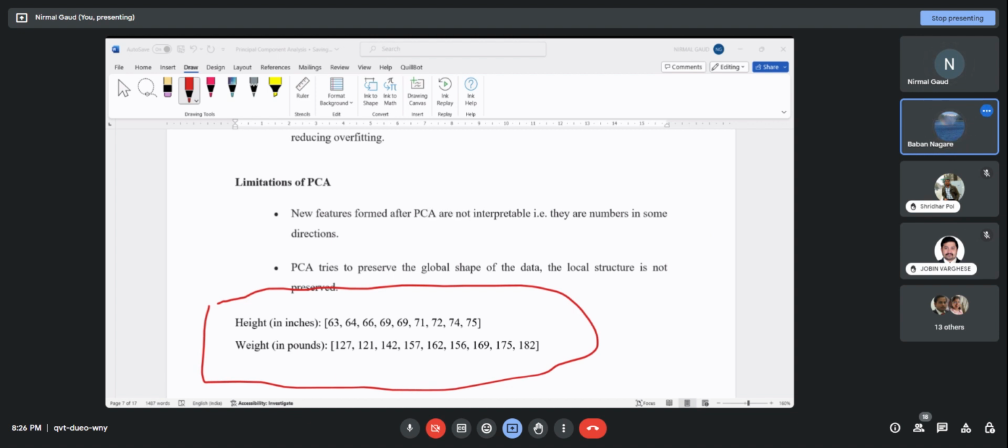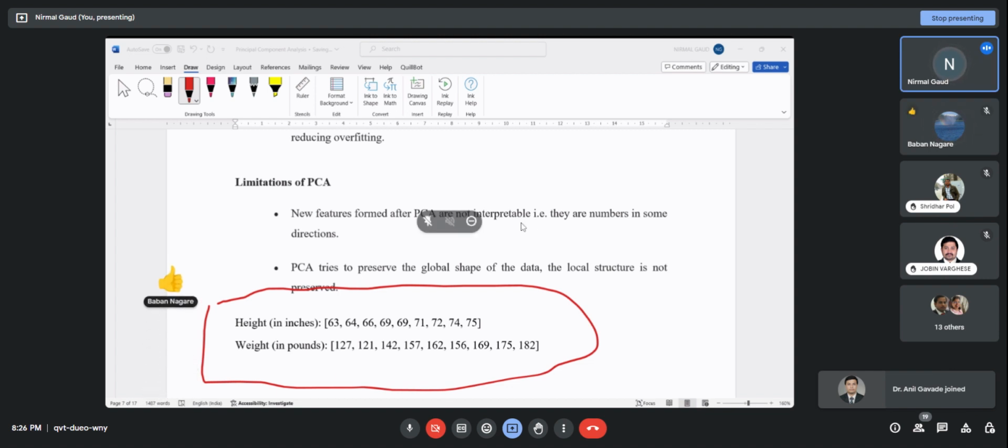That's what you were saying. Yes, PCA sir, we will be doing the code also for the PCA.